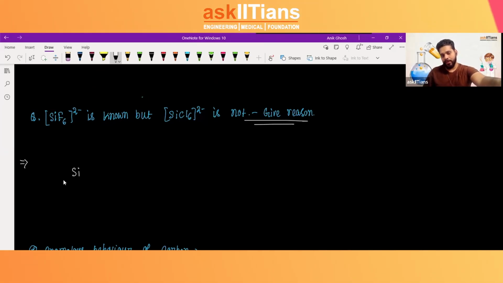What happens is when you talk about SiF6, in this compound fluorines being smaller in size, and silicon also being smaller in size, they can accommodate it. But when I'm going for SiCl6, Cl is a comparatively bigger atom.